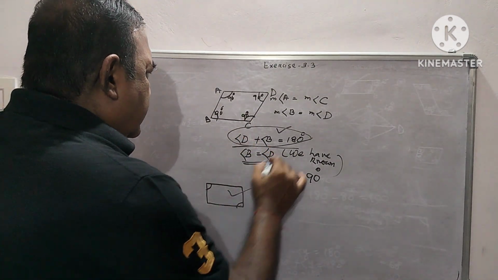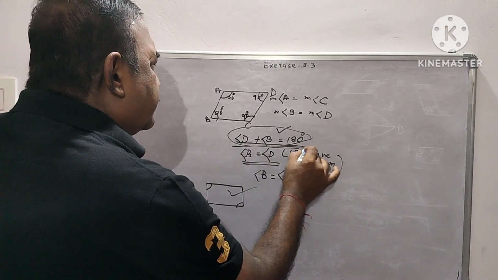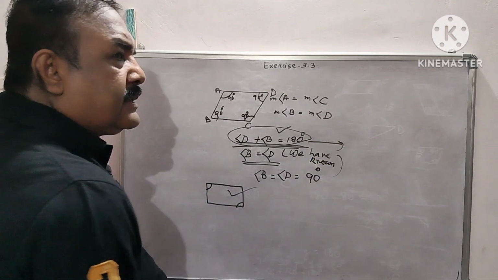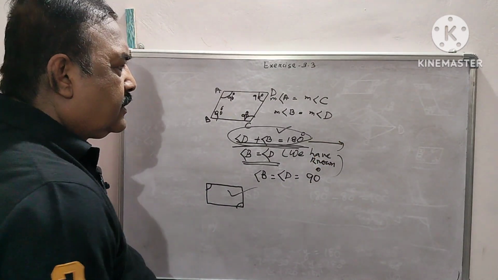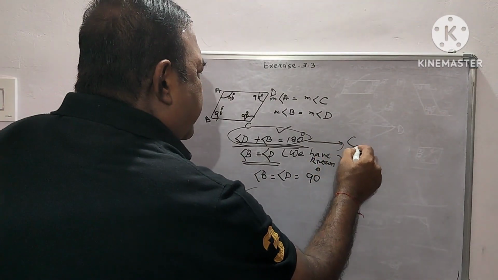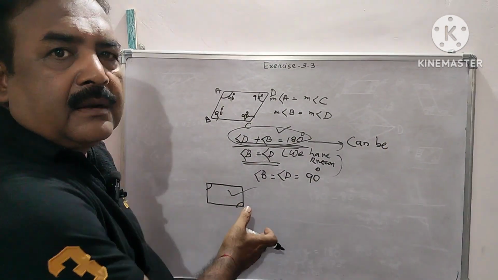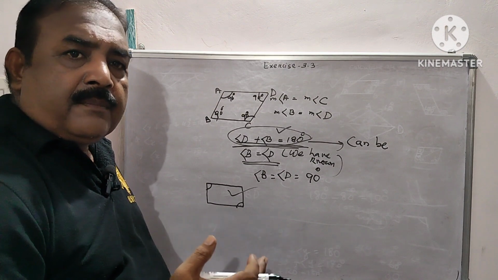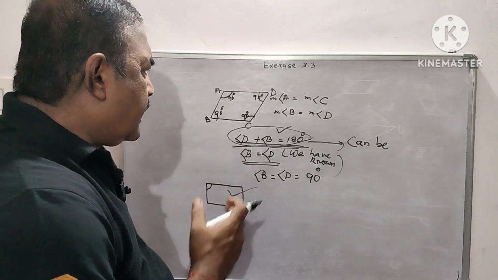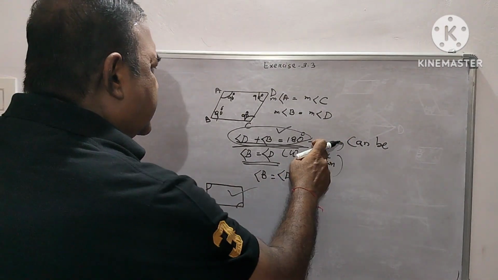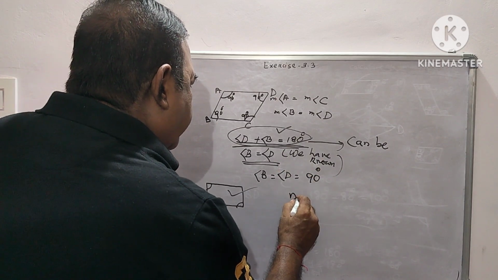So it can be possible, because we have a rectangle which is a parallelogram with a right angle.